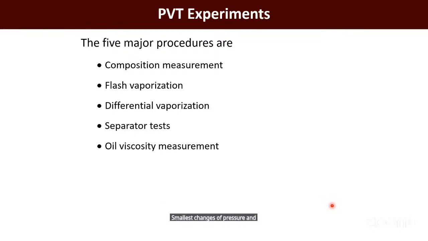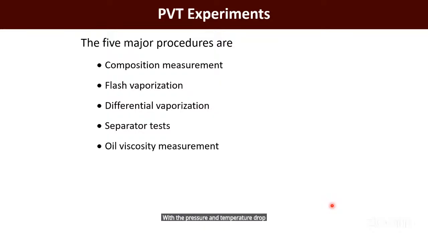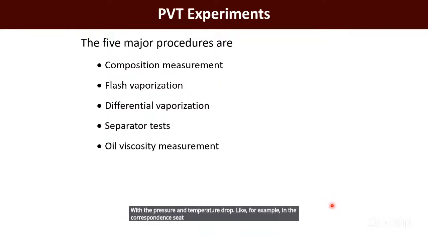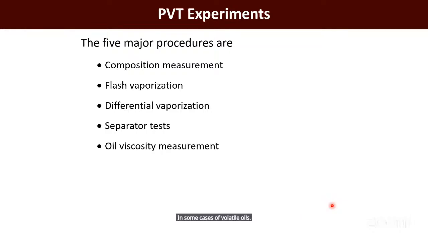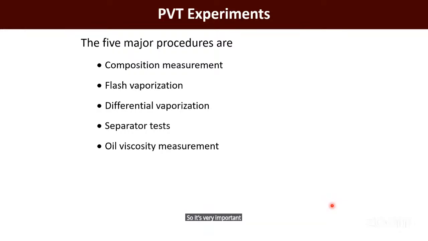It's very important, very accurate in case you have a reservoir fluid that changes very rapidly, very sharply with the pressure and temperature drop, like, for example, the gas condensate. In the gas condensate, and some cases of volatile oils, you should use the equation of state. Also, in some cases related to the flow assurance of the gas reservoirs, you should use the equation of state. So it's very important to get the composition measurements.